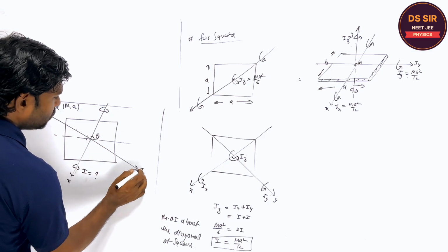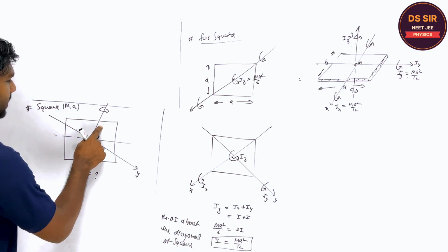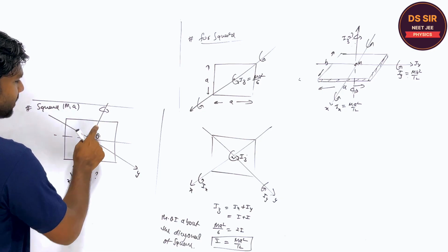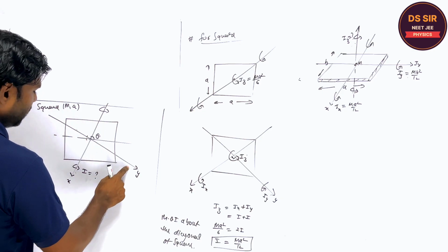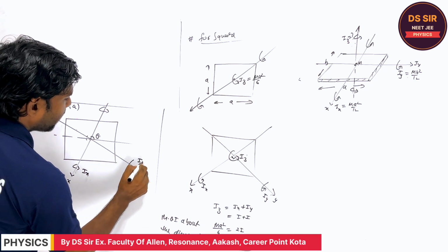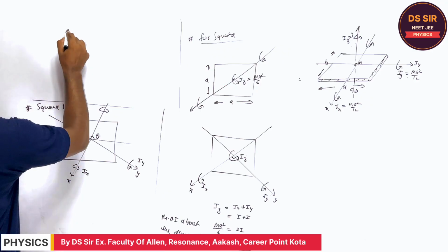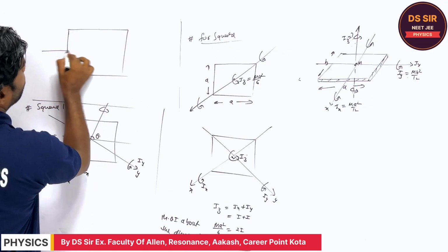If I choose this as the y-axis, can you think these axes are symmetric or not, you tell? What is the relation between the moment of inertia about the x-axis and about the y-axis? You tell.